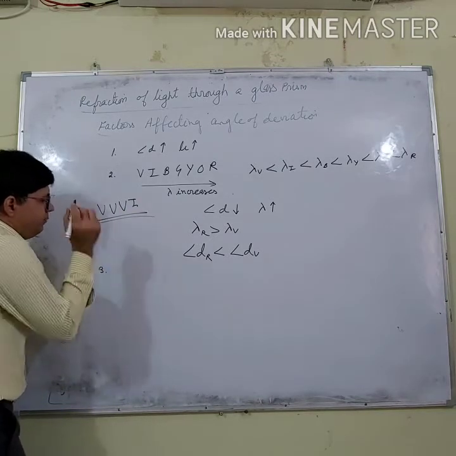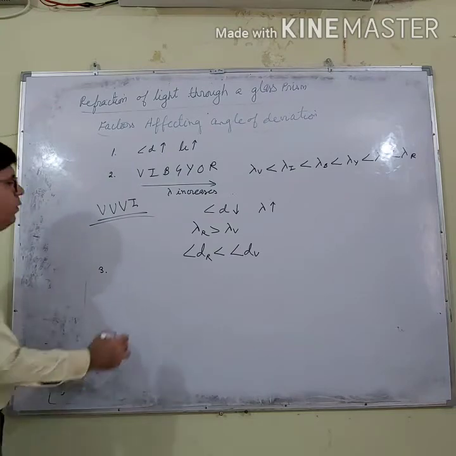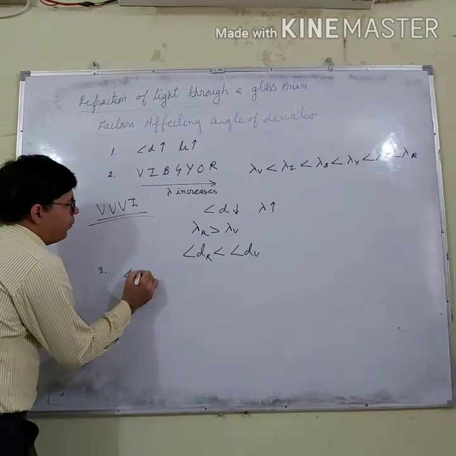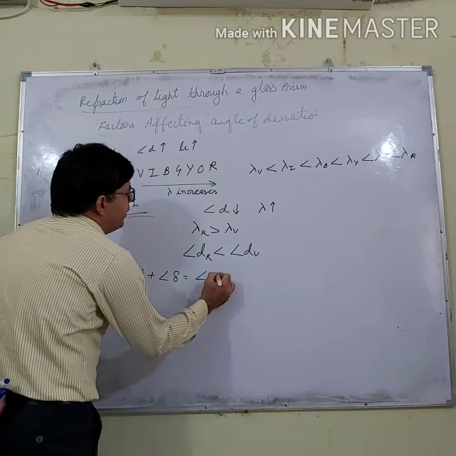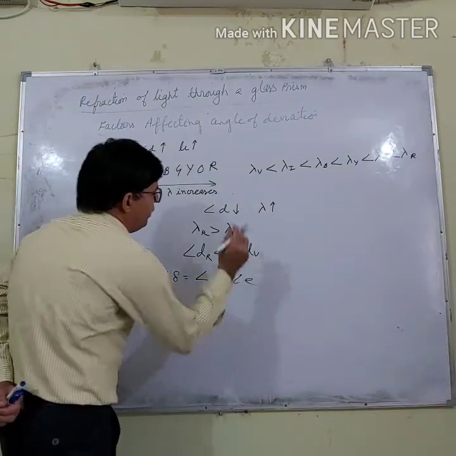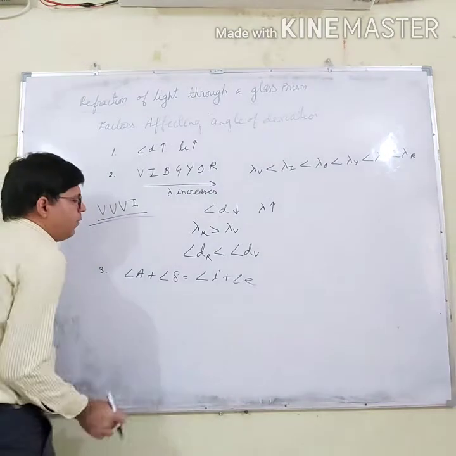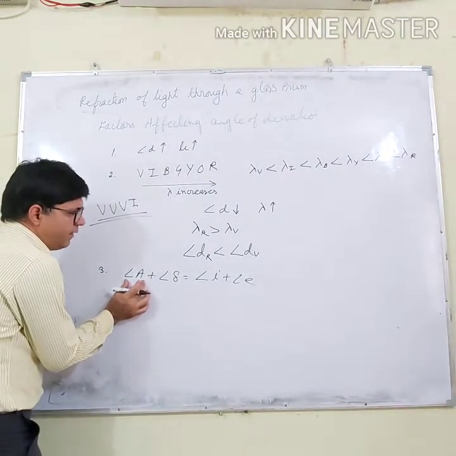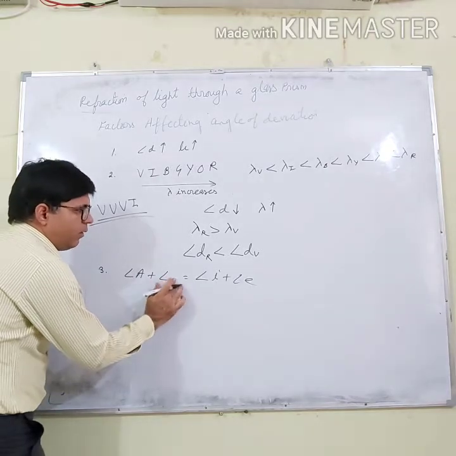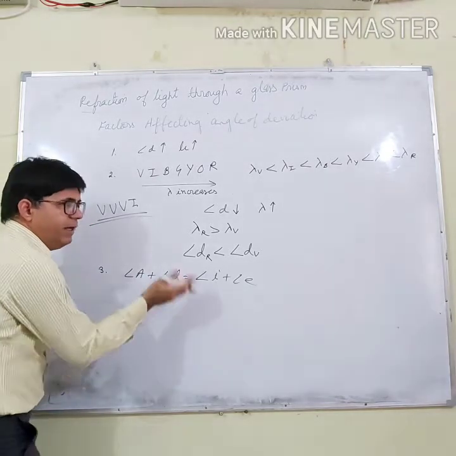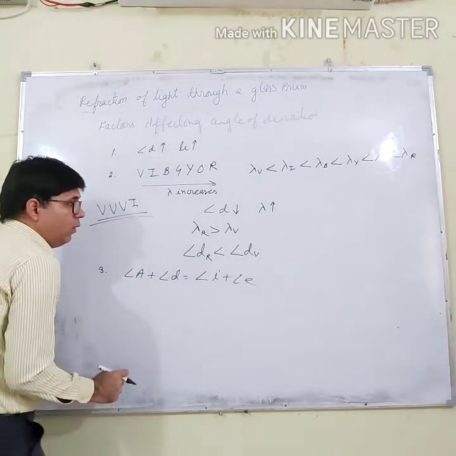Third point is, all of you know, angle of prism plus angle of deviation is equal to angle of incidence plus angle of emergence. This sum is constant, so if I increase angle A, then angle delta will decrease.